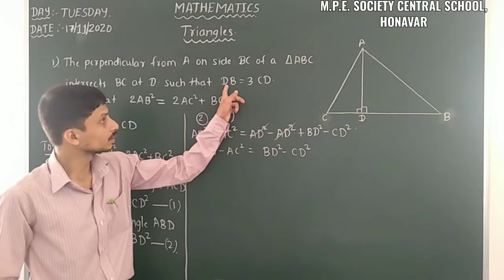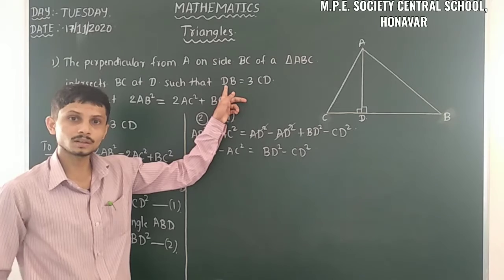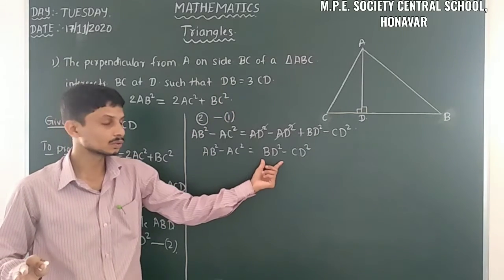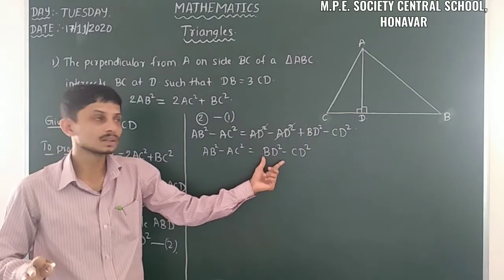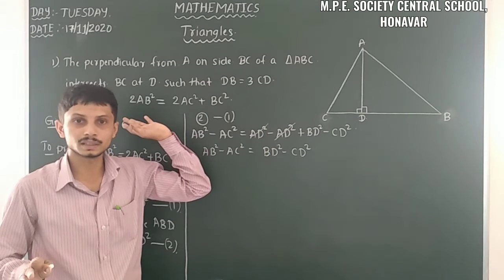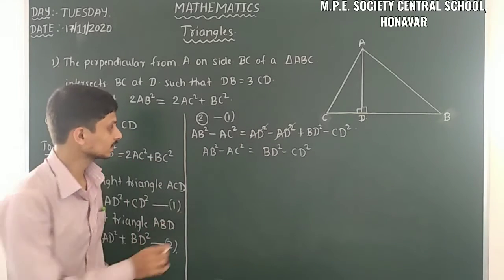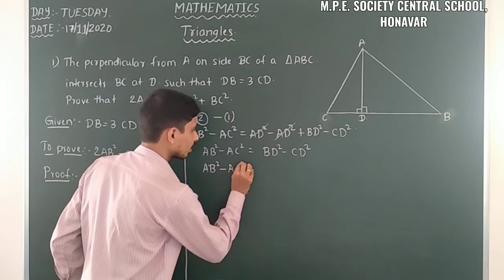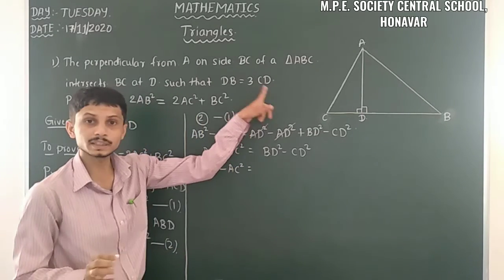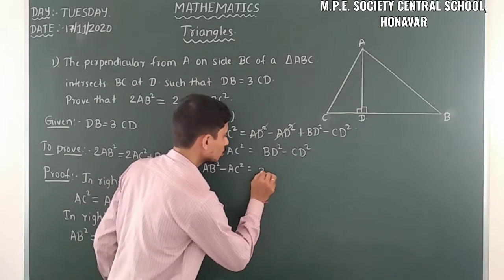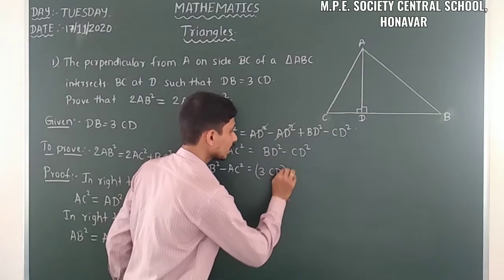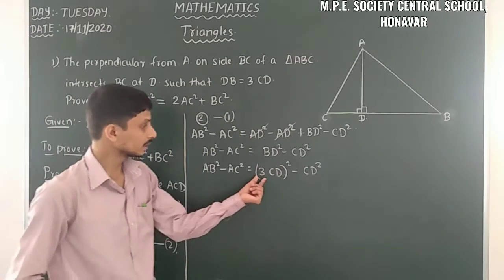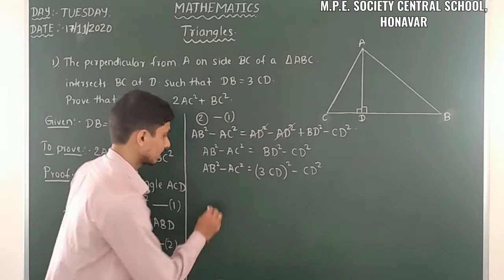Just observe BD and DB, those two are one and the same. BD is equal to 3 into CD, so we can substitute the value of 3 into CD here. AB square minus AC square is equal to 3 CD whole square minus CD square. 3 into CD whole square means 9 CD square.